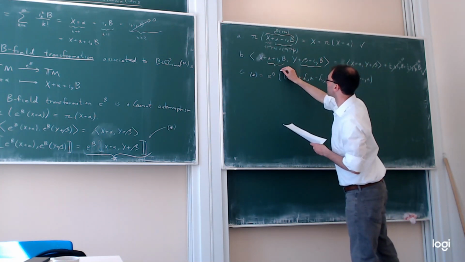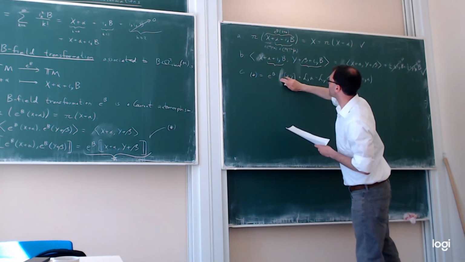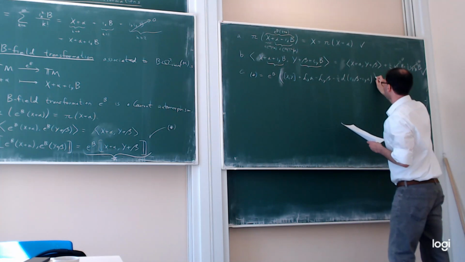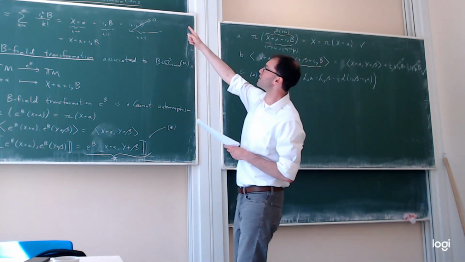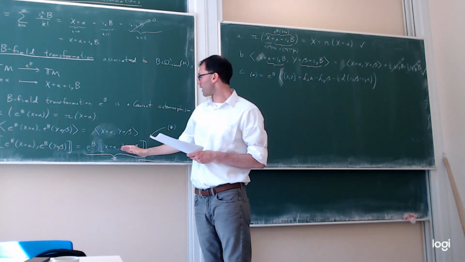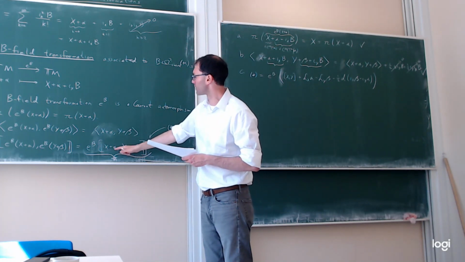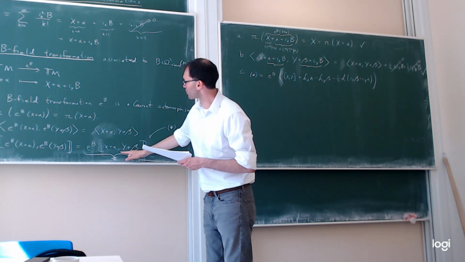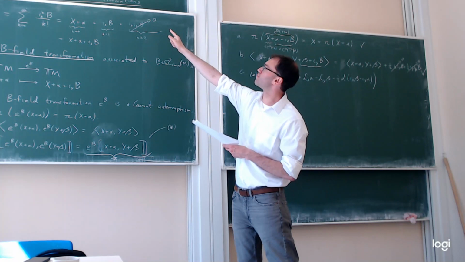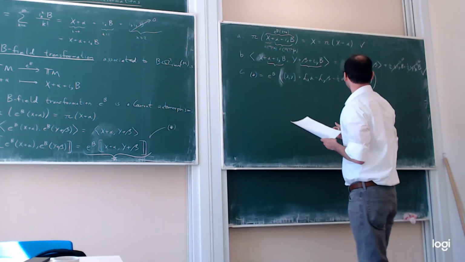So this here I'll make bigger brackets. This here is just the definition of the Courant bracket. So I've just substituted for the Courant bracket here, written out as an expression.